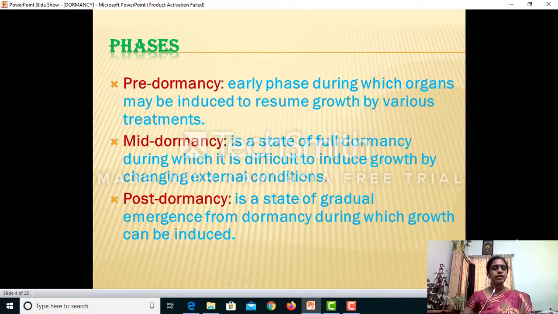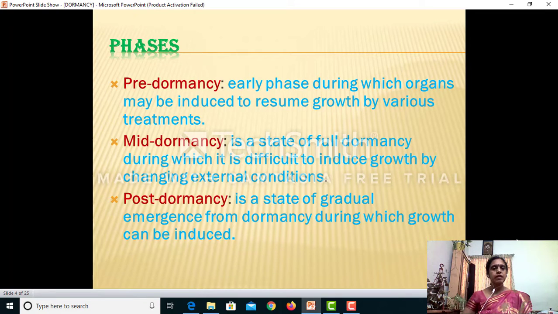There are three different phases of dormancy: pre-dormancy, mid-dormancy and post-dormancy. Pre-dormancy is the early phase during which organs may be induced to resume growth by various treatments.